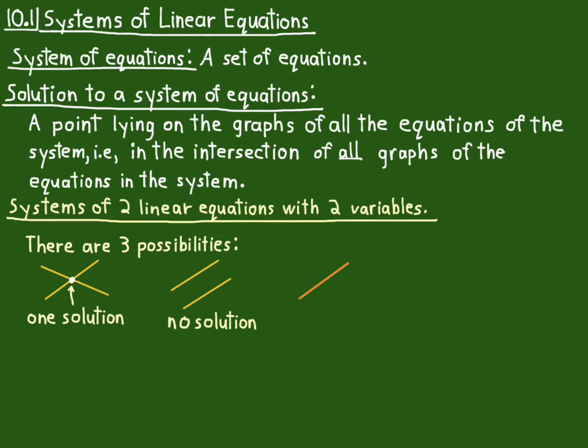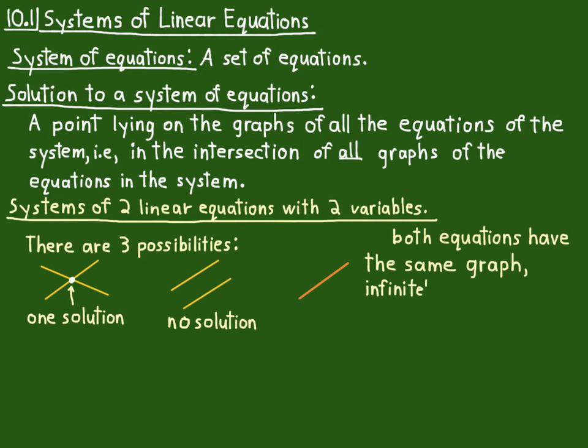You can have no solution, which is when you have two parallel lines that are not the same line. And you can have this third situation where both equations have the same graph, in which there's infinitely many solutions. Specifically, all the points on the line are solutions.